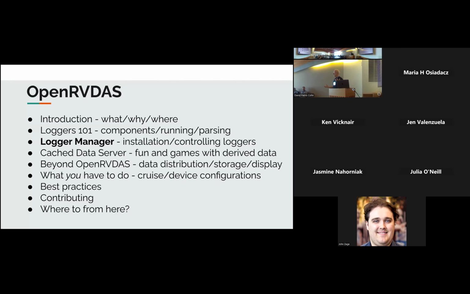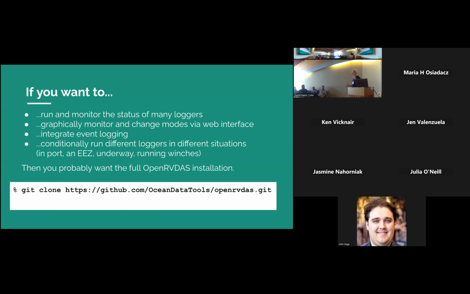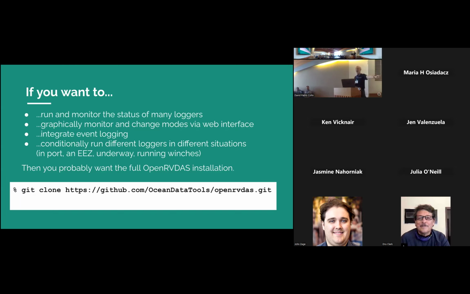If you want to have more loggers, if you need them to change states, if you want monitoring, you probably actually want to do the full OpenRVDAS installation. And that's really complicated. You do what we did before here, and then you run the install script. It's going to ask you questions like, what do you want your machine to be like? Do you want to set up secure sockets?